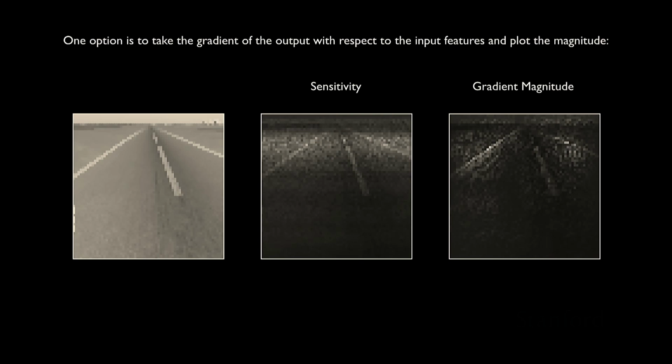When is it worth doing both? That's a good question. One point I want to make on this slide, and that I'm going to continue to make on future slides, is that this produces a slightly different explanation than this. It just means they're different definitions of sensitivity. Maybe this one is a little more local because you're taking the gradient, which talks about a small region around your current input.